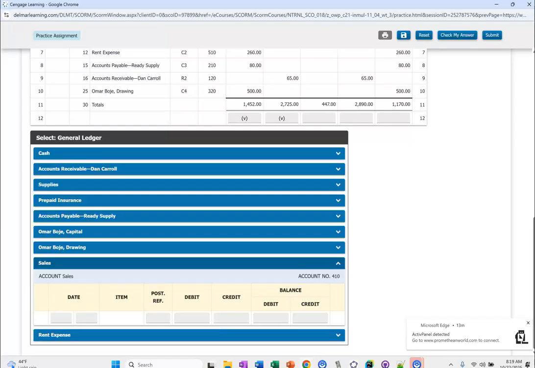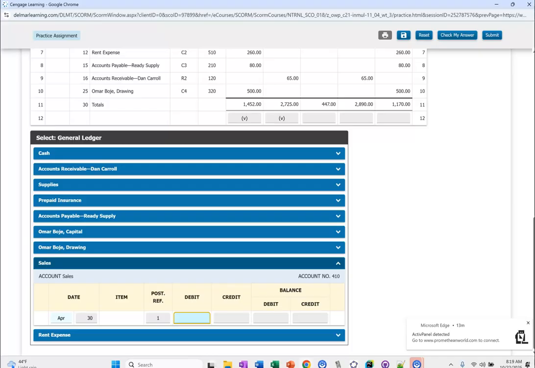The first thing I record is the date. At the top it said this was April, and I see the 30th is the day number. The post reference for this is going to be the page number for the journal. This is page 1.